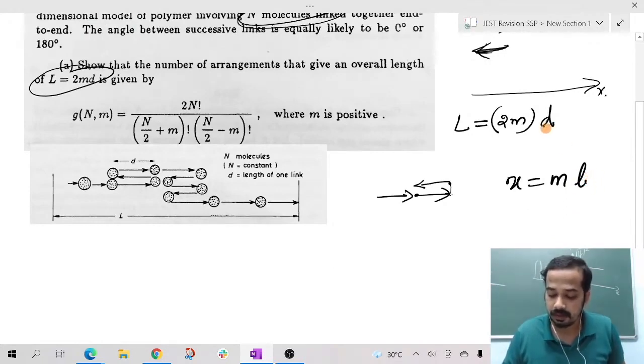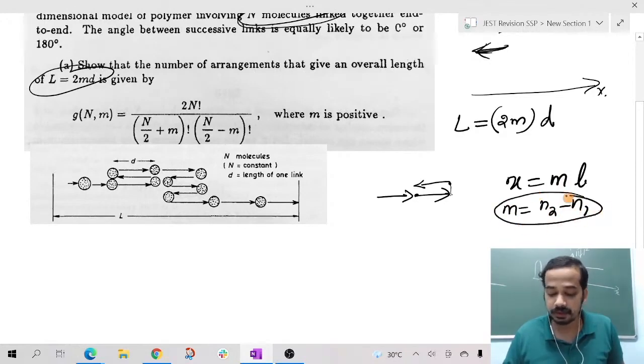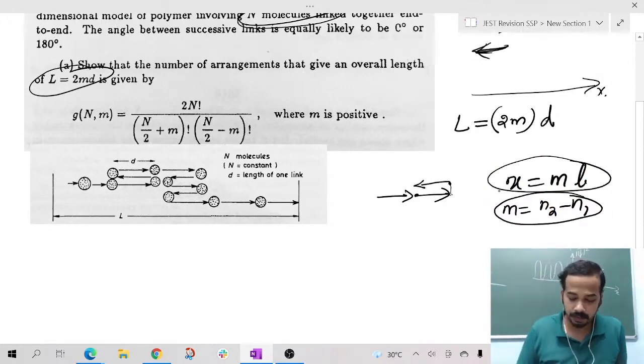Similarly here d is the length of each link. That is the only difference. And we have written that m is equal to n2 minus n1, the number of steps to the right minus the number of steps to the left. The difference is an integer, and that integer multiplied with the length gives you the displacement. So exactly the similar formula should be applied here.